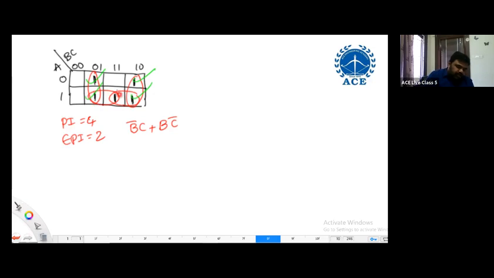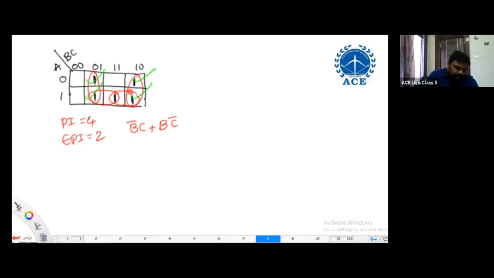If I choose this one, it is covering the minterm. If I choose this one, it is covering the minterm. But which one should I consider? Whichever is covering with the minimum complexity. If I choose this one, the resultant term will be AC. Am I clear? If I choose this one in the minimal expression, the term is AC.